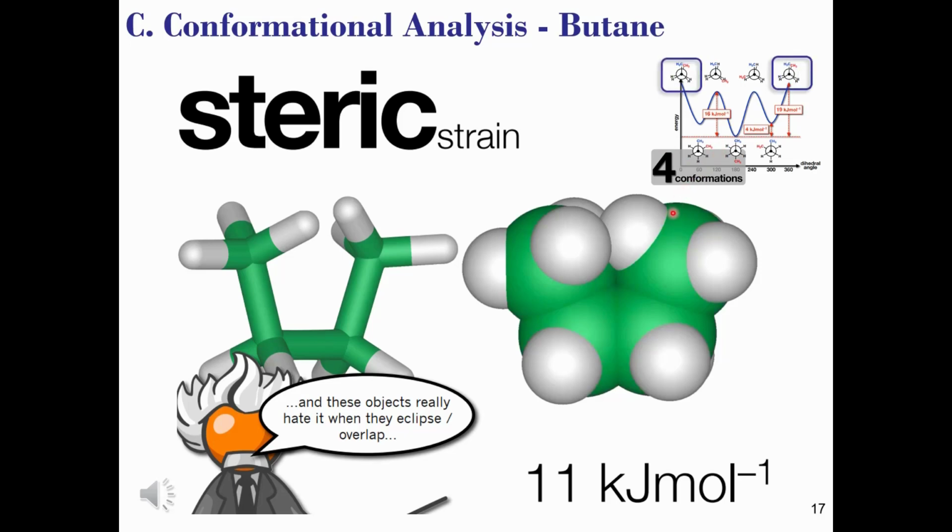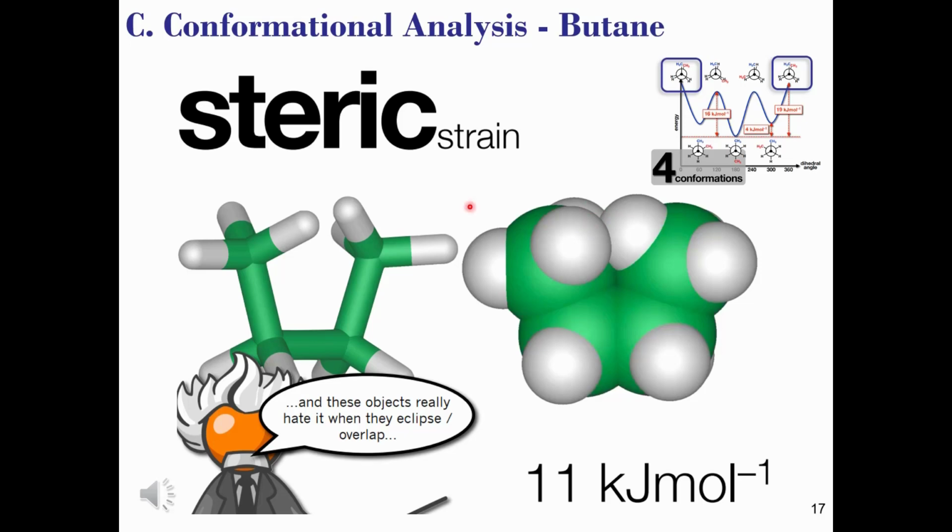Now, in order to see this on this molecule, I've provided both the ball and stick and also the space filling model as well. The space filling model shows what happens when the hydrogen atoms of the methyl group are brought into close proximity, and this is what we refer to as steric strain.